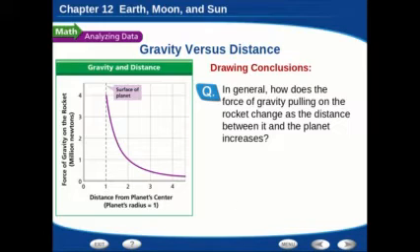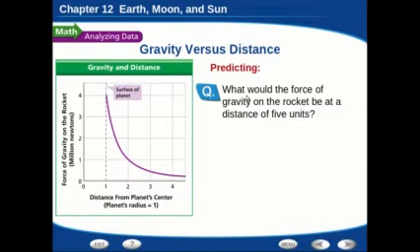Did you say something like this? It decreases, right? So that's in general. It decreases. Good. What would the force of gravity on the rocket be at a distance of 5 units? So we're at 1, 2, 3, 4. What if we went off the graph to about here? Where would that line be?